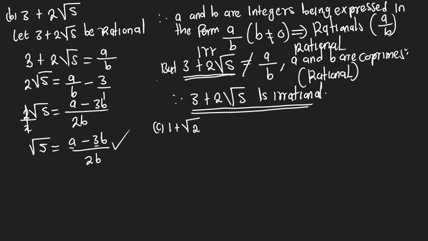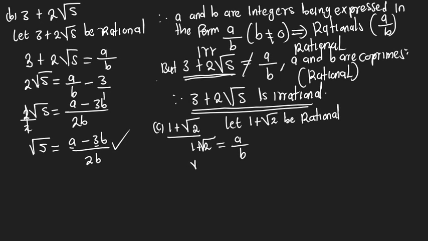So we use proof by contradiction method, where we're going to say we let 1 plus, remember we know that this is irrational, but in order to prove that it is irrational, we let 1 plus the root of 2 be rational. Then we can say that 1 plus the root of 2 can equal to A over B.